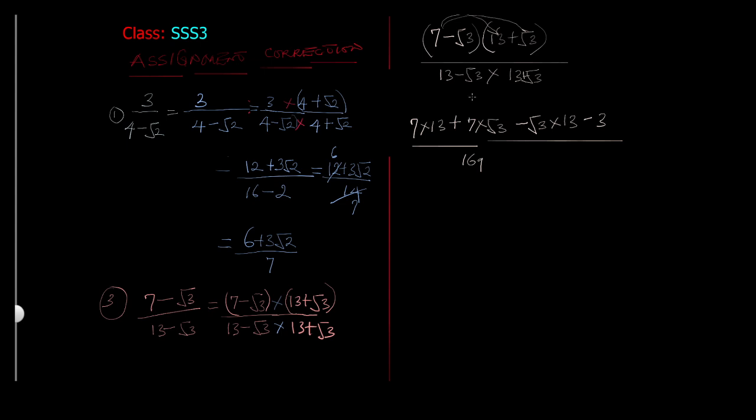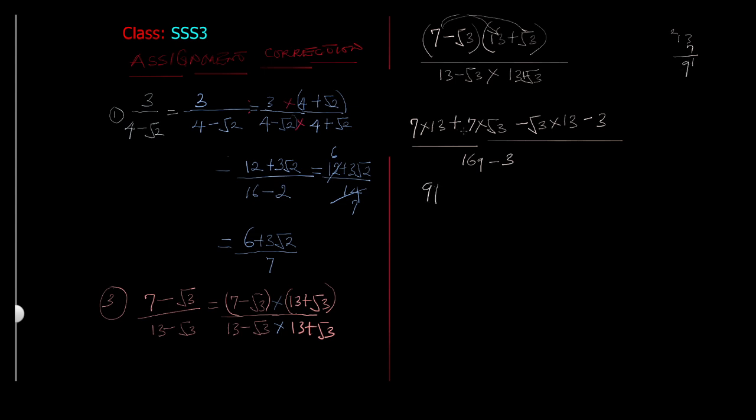The next thing now will be for us to do minus times plus is minus, and then square root of 3 times this 3 will be 3. Okay, so 7 times 13. 7 times 3 is 21, we carry 2. 7 times 1 is 7, plus 2 is 9. 91. Here is 91.